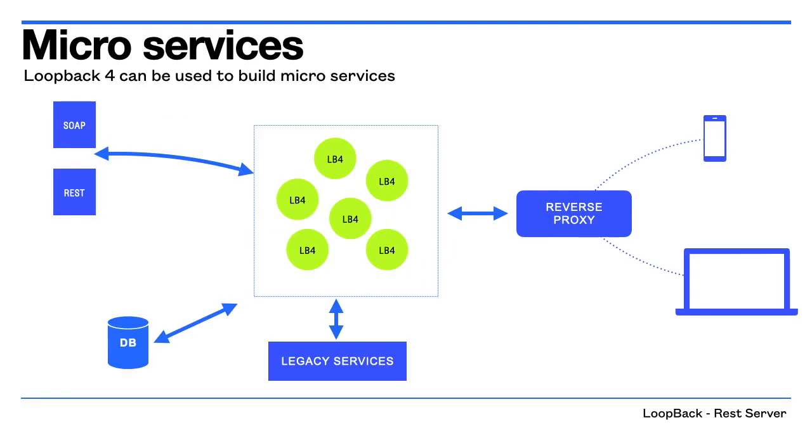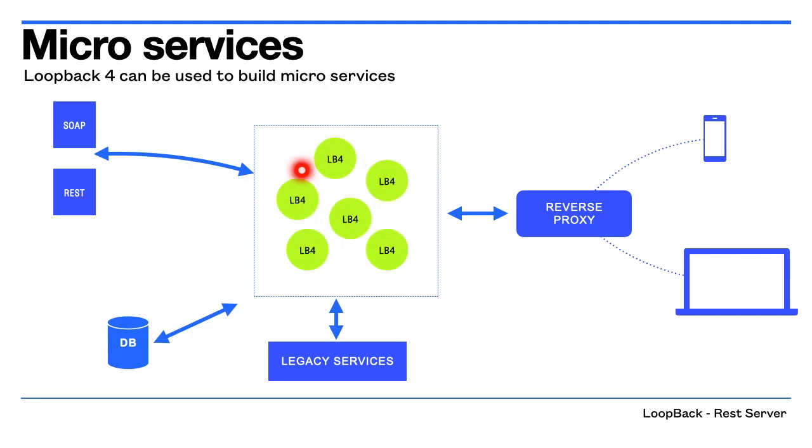Now, with the microservice architecture, you can have multiple LoopBack 4 applications that each perform a specific task and still leverage the legacy services internally in a company, expose a database, and still communicate to internal and external SOAP web services and other REST servers.